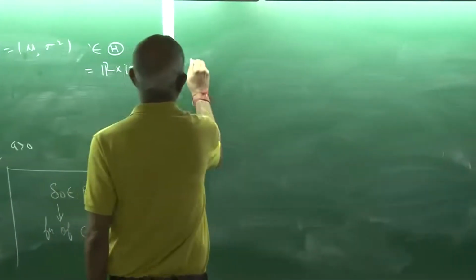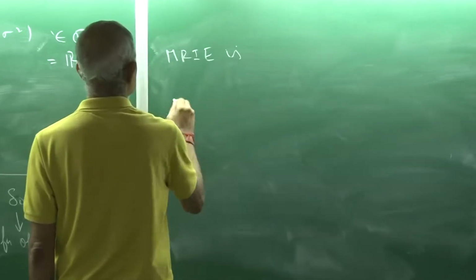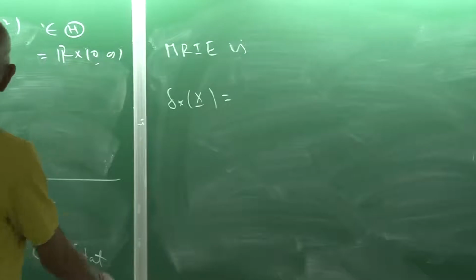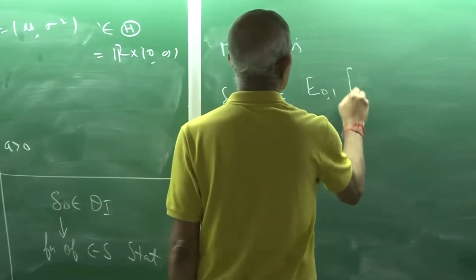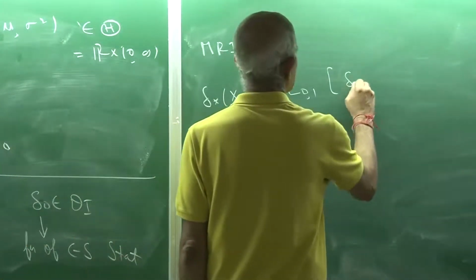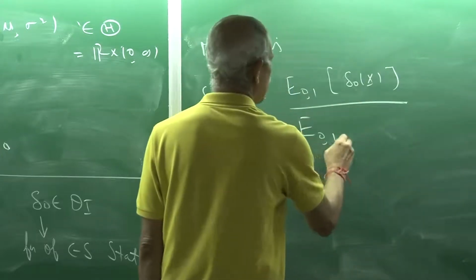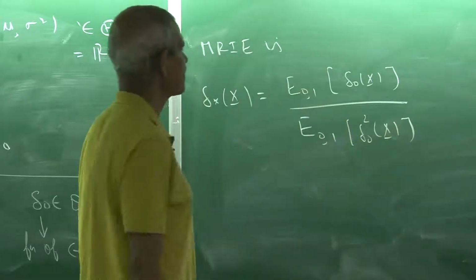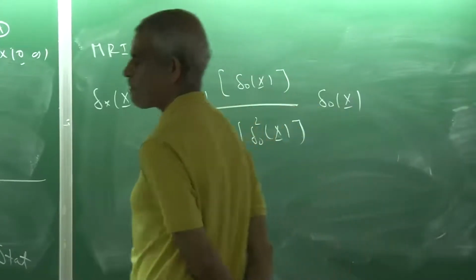So MRI is delta star x, which is the expected value under mu equal to 0 and variance 1 of E01 delta naught square given x into delta naught x.